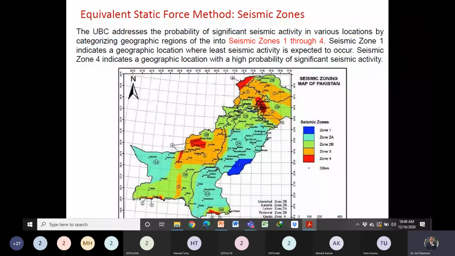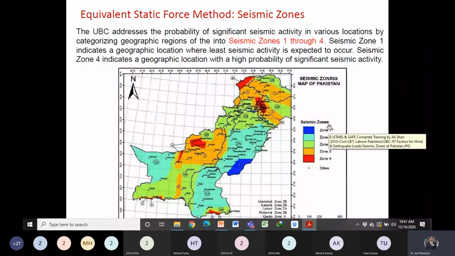The geographical regions have been categorized into different seismic zones. Okay? So this is the seismic zoning map of Pakistan. This is the geographical map of Pakistan. It is categorized into different seismic zones, seismic zone 1 to 4.